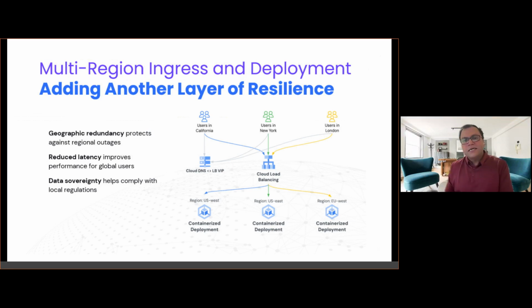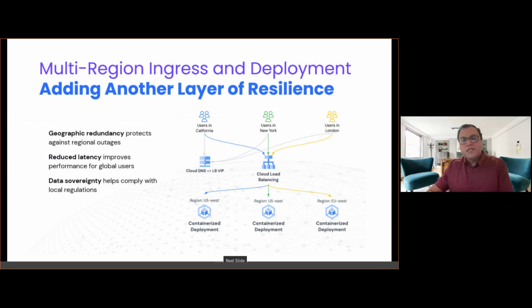So if the nodes in the east are hitting the limits, the Cloud DNS and the load balancing automatically start involving other region nodes, and it works seamlessly without any issues. Keeping it local has also improved the latency that users see and improved the overall time for the application.